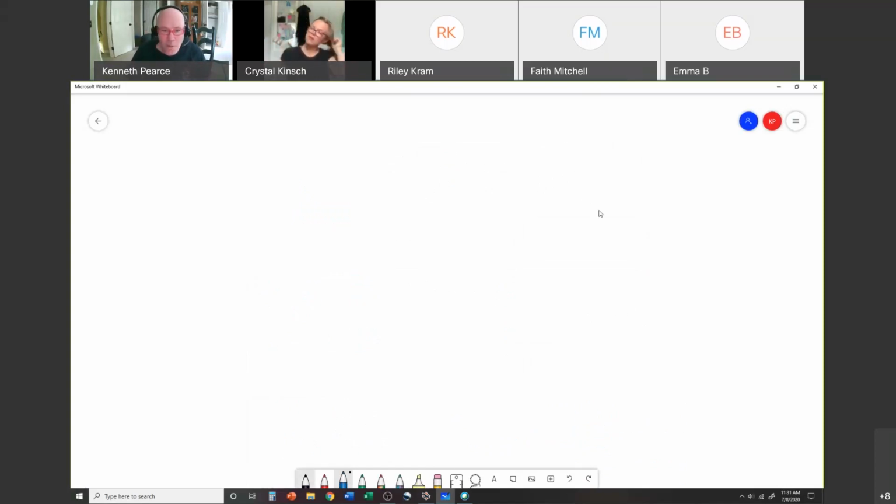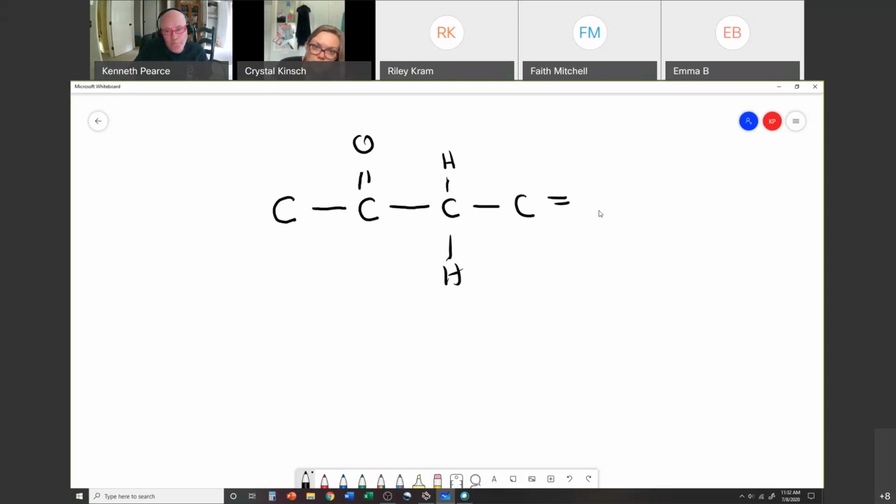So let's take a look at this molecule right here, and I'm going to draw it out just like that. Not important what it's called, but we have this molecule.